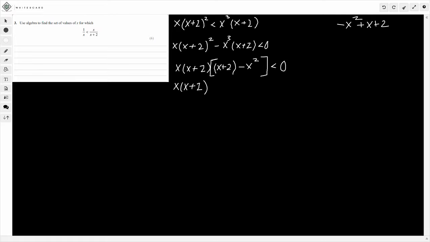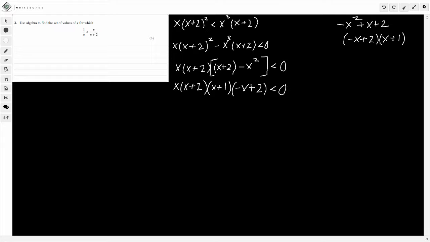Now, can we factorise this? Well, we can. The way to do it would be to pull it out like this: minus x plus 2, and then x plus 1. So these are my two brackets now. I'm going to write them all together: x plus 1 times minus x plus 2. And this is still less than 0.